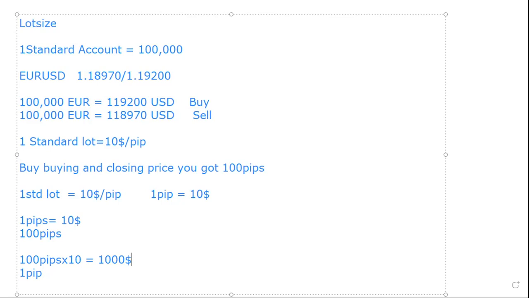But now remember, you might not be using the same lot sizes. Say you are using one standard lot, and we know that your one standard lot is the same as $10 per pip.